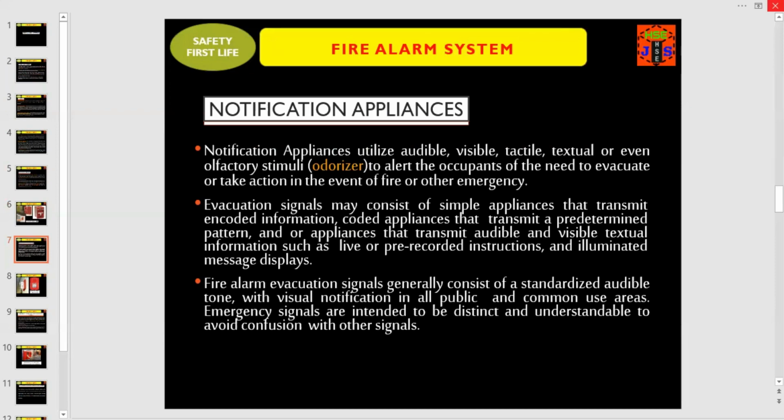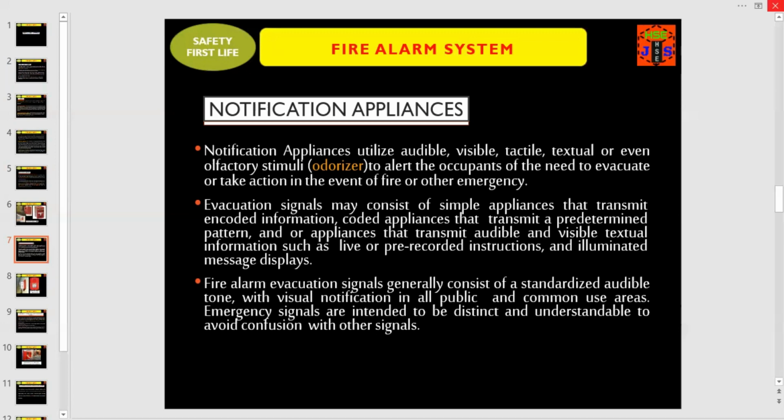Evacuation signals may consist of simple appliances that transmit encoded information, coded appliances that transmit a predetermined pattern, and or appliances that transmit audible and visible textual information such as live or pre-recorded instructions and illuminated message displays.